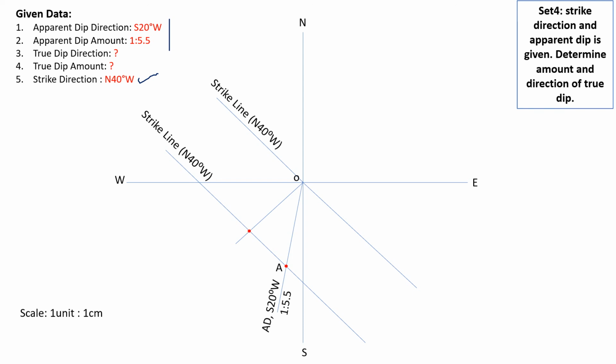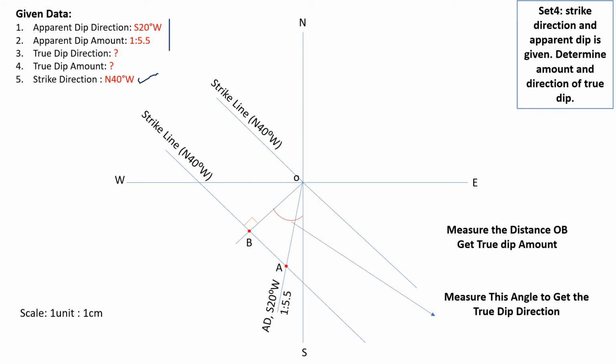I'll mark the point of intersection between the true dip and the strike line and name it B. Then I'll measure the angle with respect to south. If I measure the angle, I'll get the true dip direction. And if I measure the distance OB, I'll get the true dip amount as well. So I got both things.